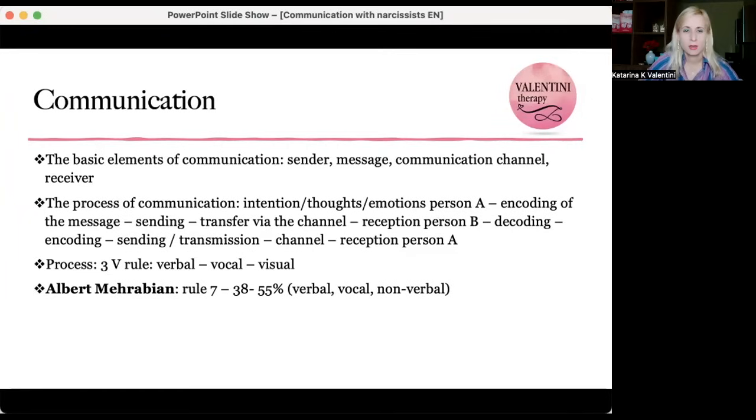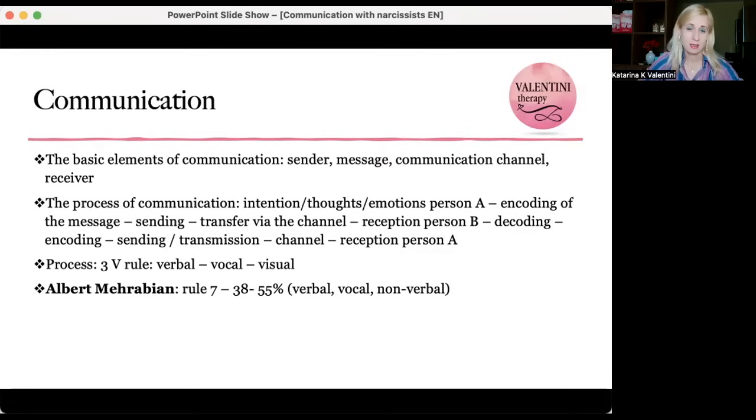And Albert Mehrabian is the one who came up with the rule 7, 38, and 55%. 7% of communication is represented by verbal communication. So the words you employ in communication only represent 7%.